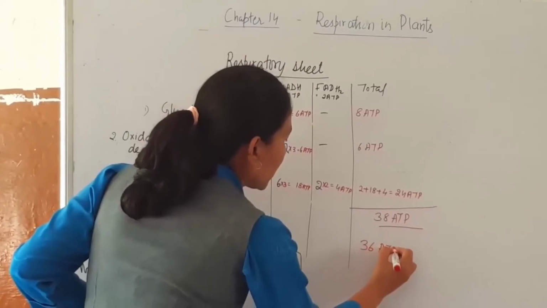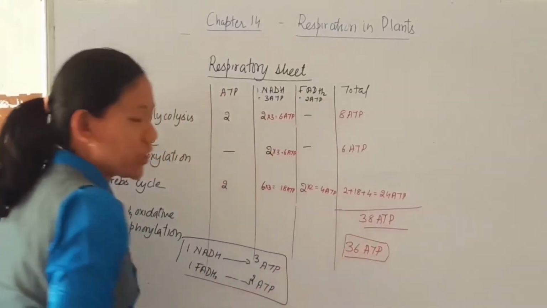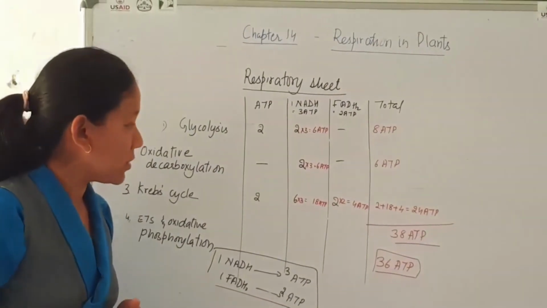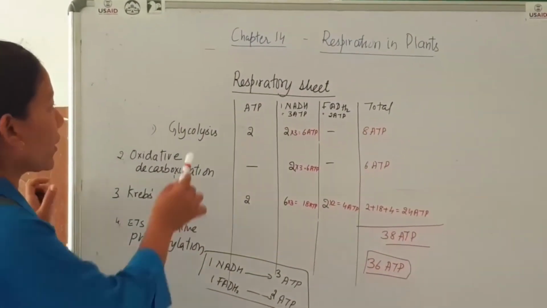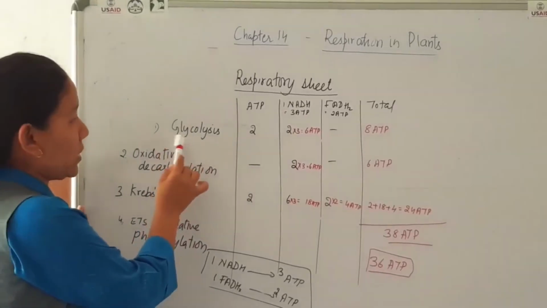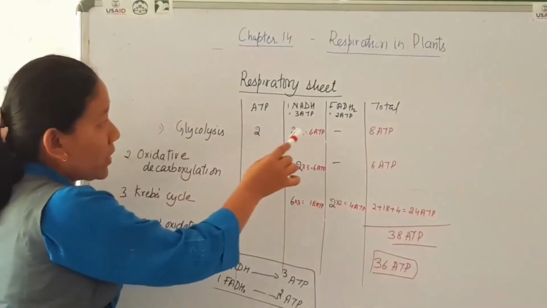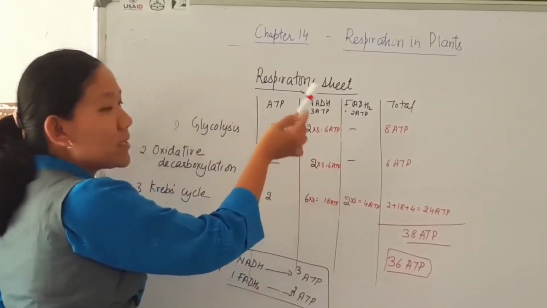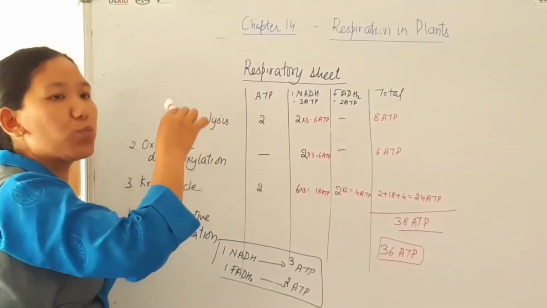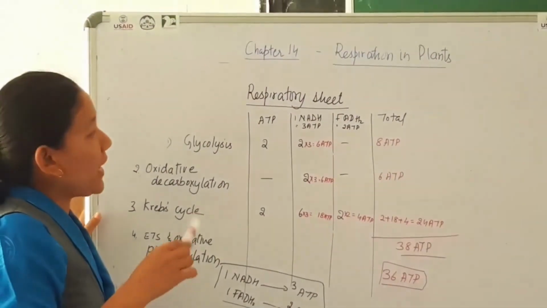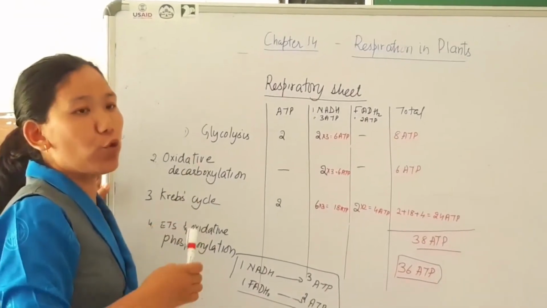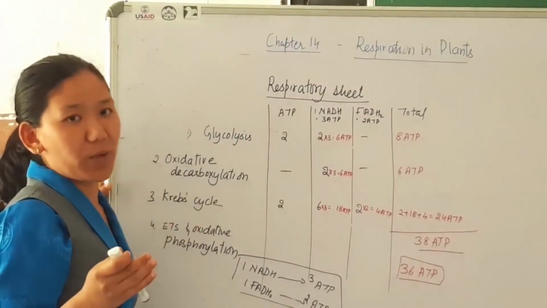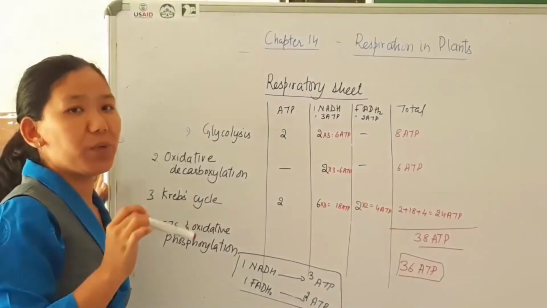In some textbooks it says it is 36 ATP. It is because we know that during glycolysis, which occurs in the cytoplasm, NADH is synthesized, and this NADH synthesized in the cytoplasm has to be transported into the matrix, but NADH cannot be transported, so it has to in some way release this energy into the cytoplasm, and for that transfer ATP is utilized.